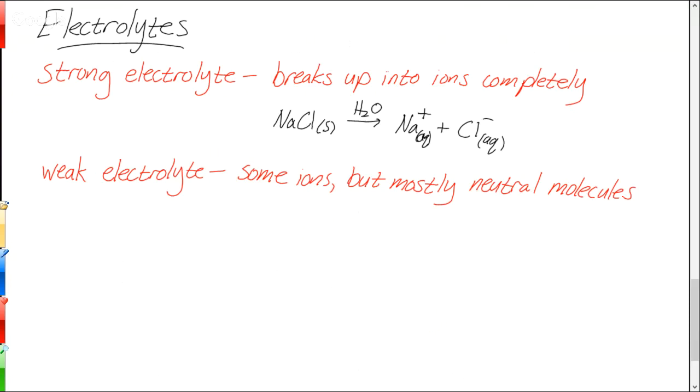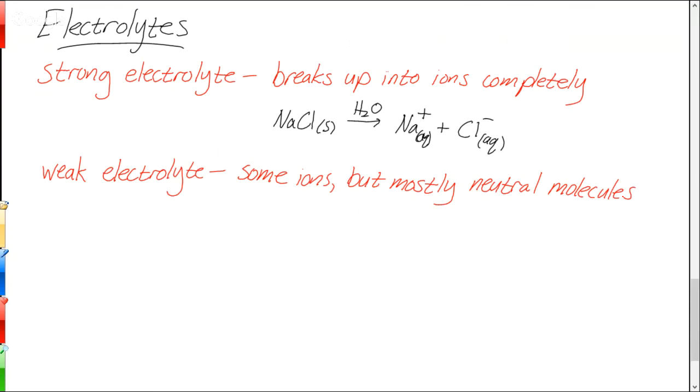We saw that with the acetic acid, the vinegar solution. It made some ions. It did conduct some electricity, just a little bit. Remember the light bulb was really dim when we tried that one? That showed that there were some ions in solution, but most of what was in there was still whole neutral molecules.